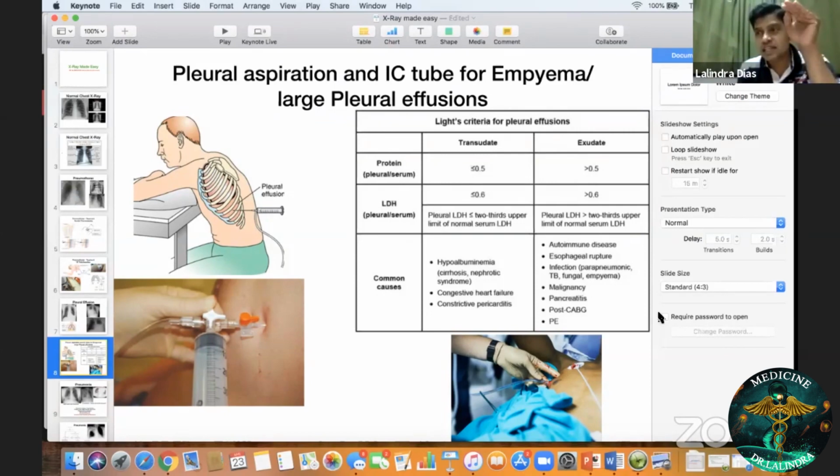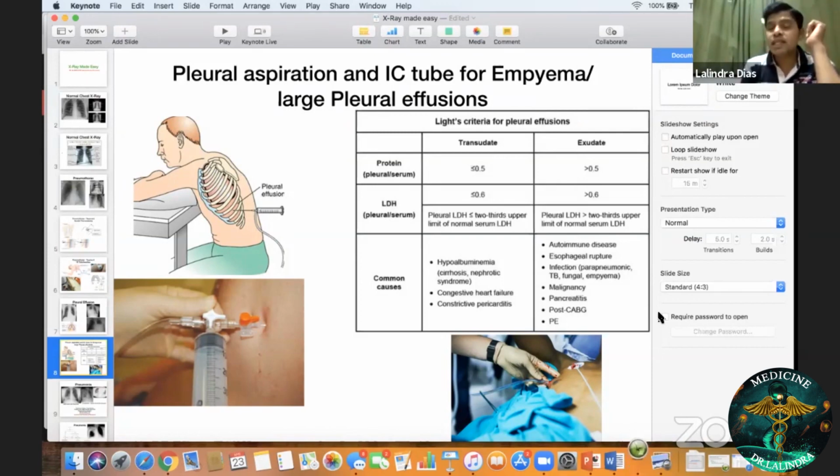If it is less than 30 grams per liter, transudate. If your pleural fluid contains LDH more than 200 international units, it's an exudate. If your pleural fluid LDH is below 200, then it's a transudate.